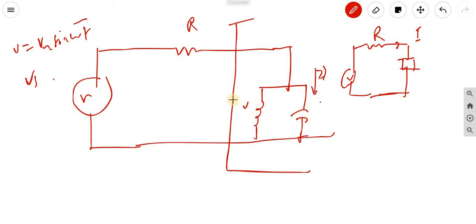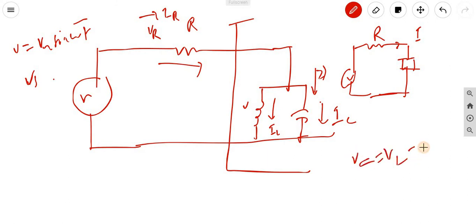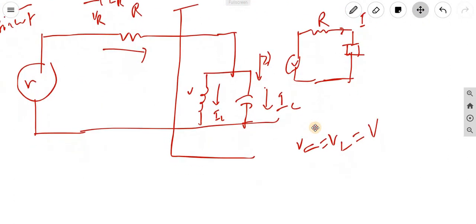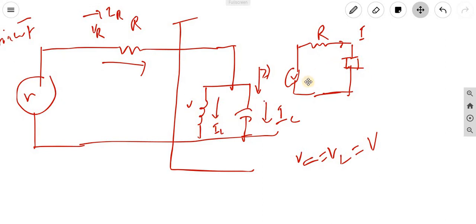This is the source voltage, and this is across the resistance R. So first find IR, the current through the resistance, IL, the current through the inductor, and the current through the capacitor. The voltage across the inductor and capacitor is the same because they are connected in parallel. So VC and VL are the same, V.